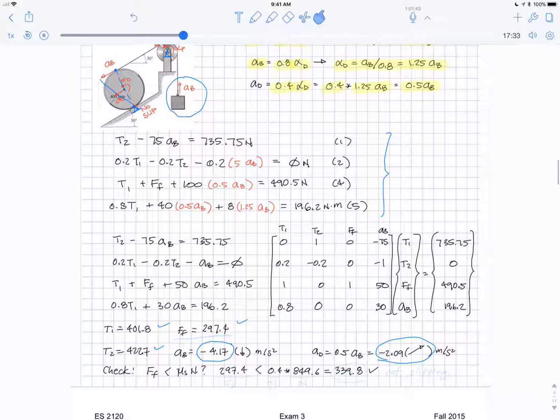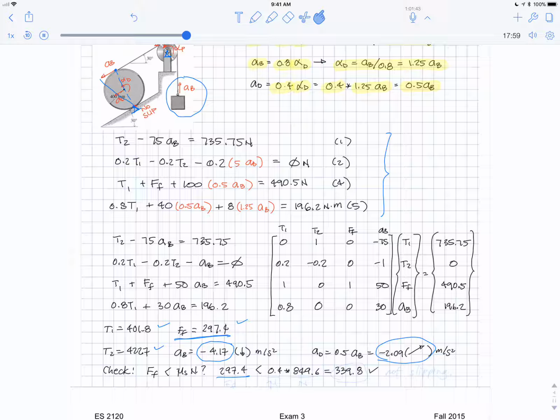So the last thing we have to do is check if it's slipping or not. One of the things I was able to get when I solved those 4 equations was the friction force, 297 newtons. Is that less than the static coefficient of friction times the normal?